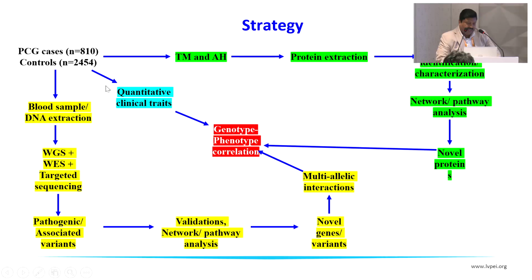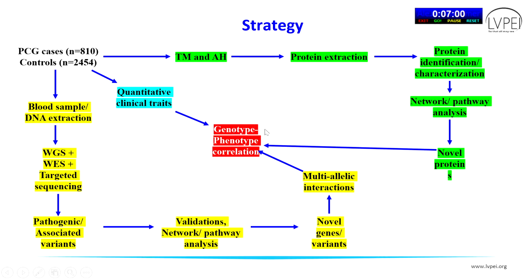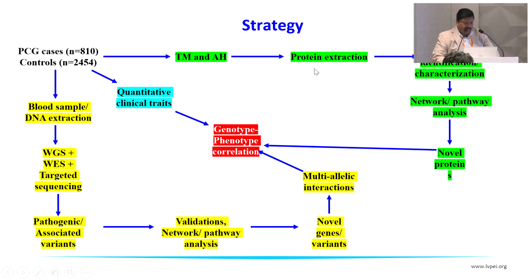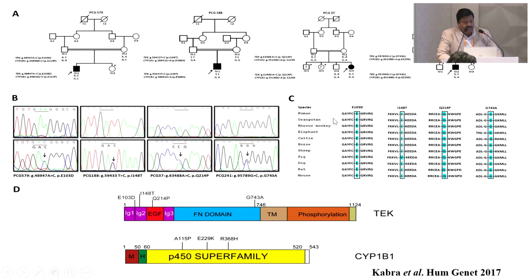Using quantitative traits, again, to understand the genotype-phenotype correlations. And the other was a proteomics approach using the trabecular meshwork and aqueous humor, to understand novel proteins that are involved, and then linking all three together.